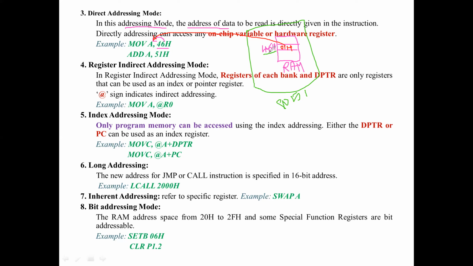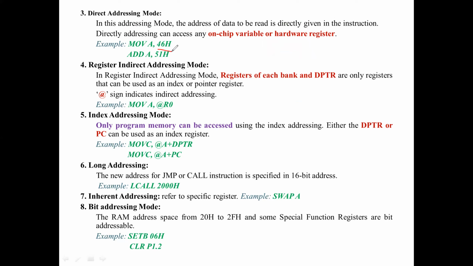From this you can understand that in the instruction you have placed 46H. This 46H is nothing but the address of your data. That's why we say it is direct addressing mode.